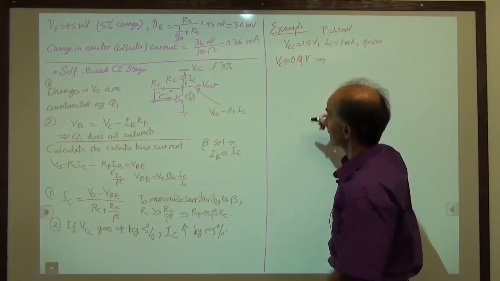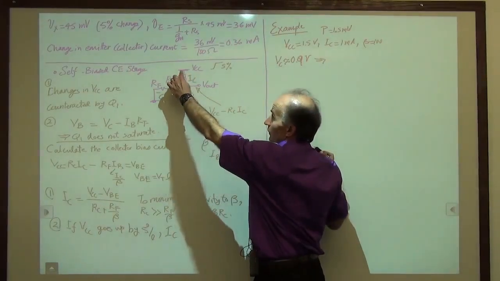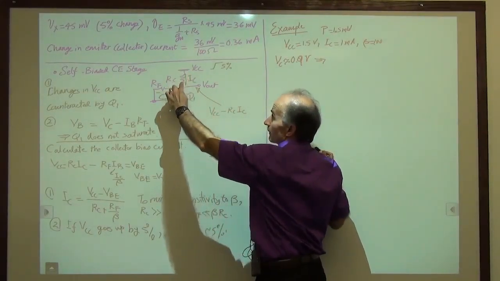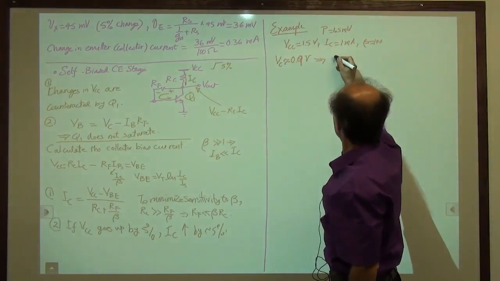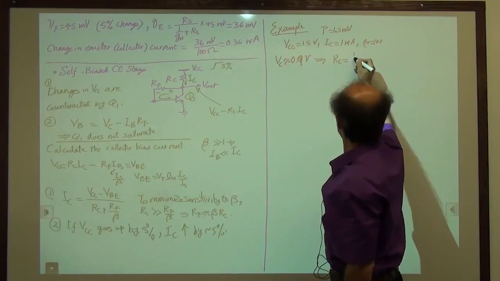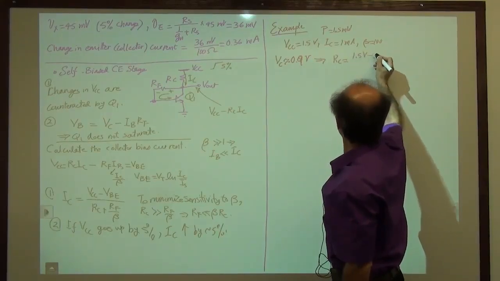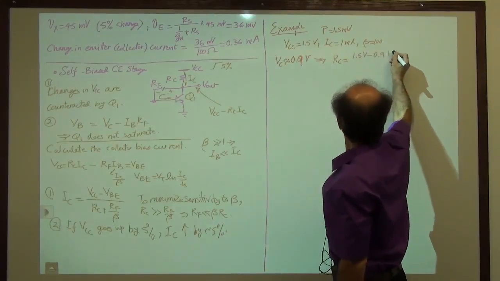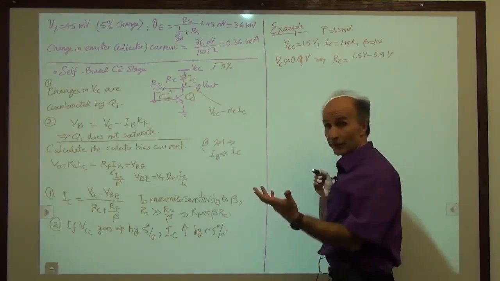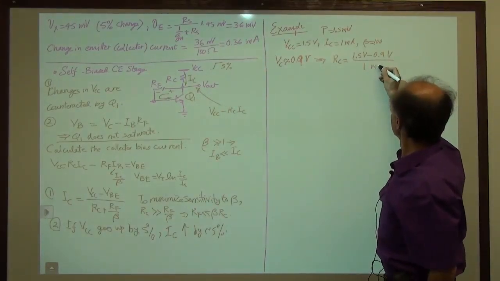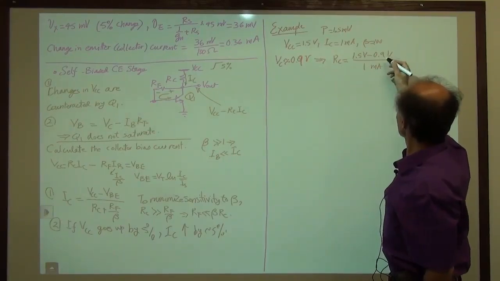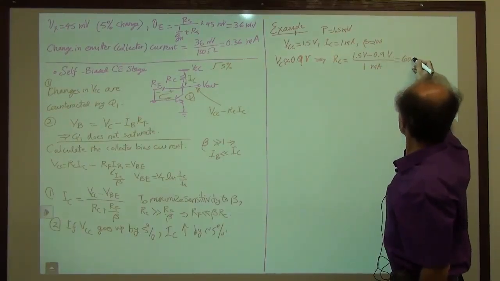So that means that we have a voltage drop of 1.5 minus 0.9 across RC. So RC is given by 1.5 volts for the supply, minus 0.9 volts, because that's our guess for the collector, divided by the collector current, 1 milliamp. And that happens to be 600 ohms.